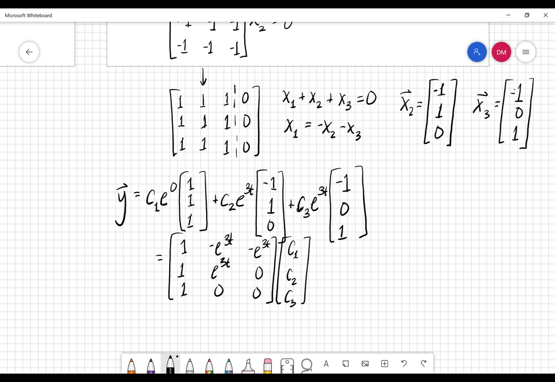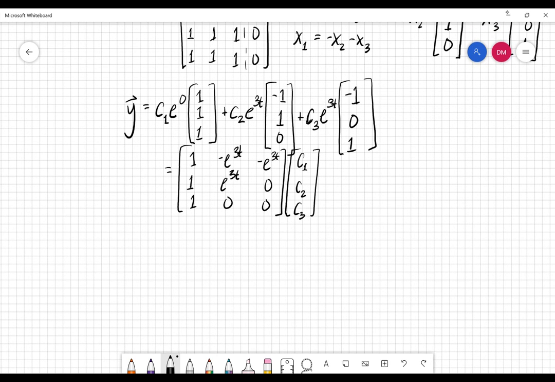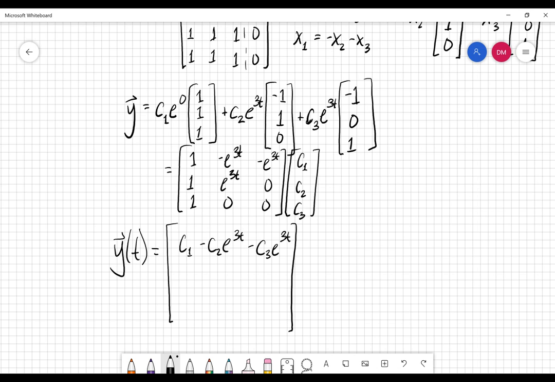My preference, and I think the book's preference, is that when you go to write out your general solution for y of t, you actually multiply those two matrices together. So we would have C1 minus C2 e to the 3t minus C3 e to the 3t. This works as our first solution to our system of differential equations.